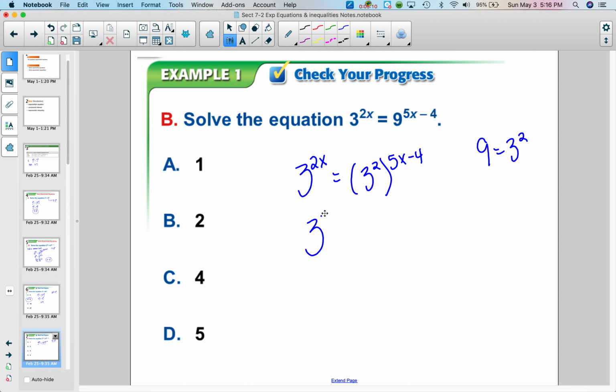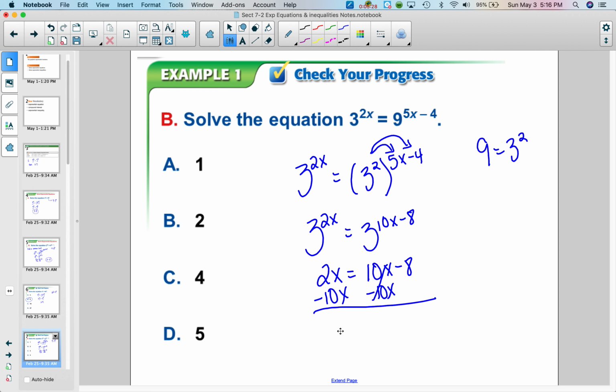Then I'm going to have 3 to the 2x equals, remember you have to distribute when you multiply the powers, so you get 10x minus 8. Once the bases are the same, you can say 2x equals 10x minus 8, and then you're going to just solve for x. So we get negative 8x equals negative 8, so x equals 1, and the answer is A.